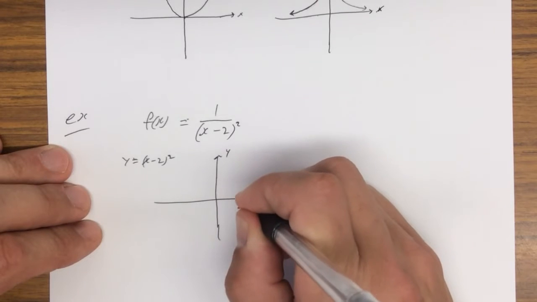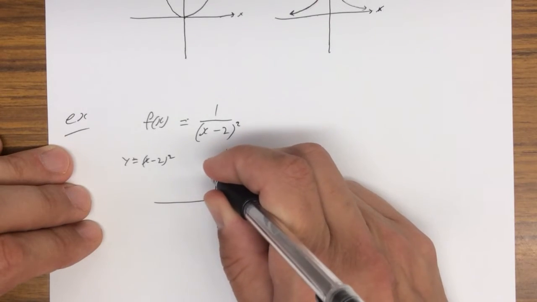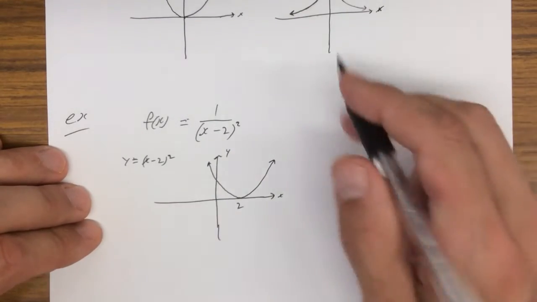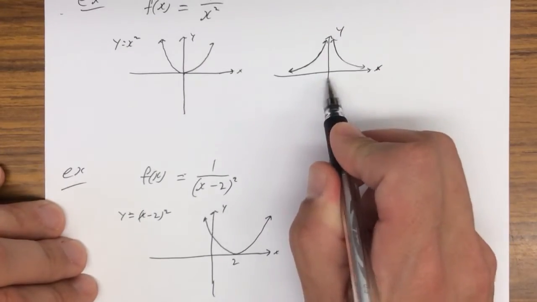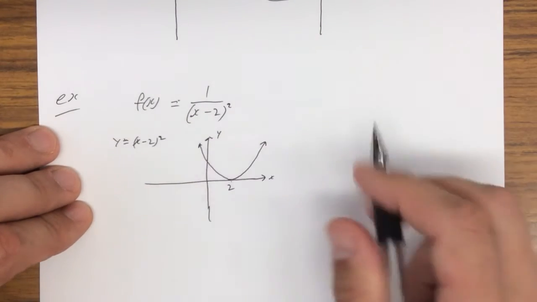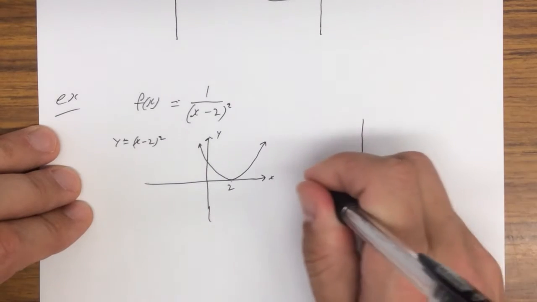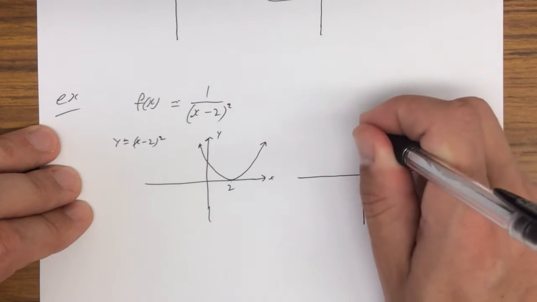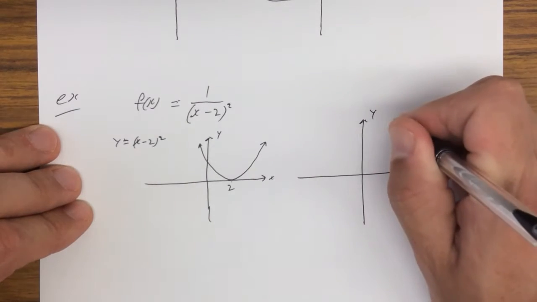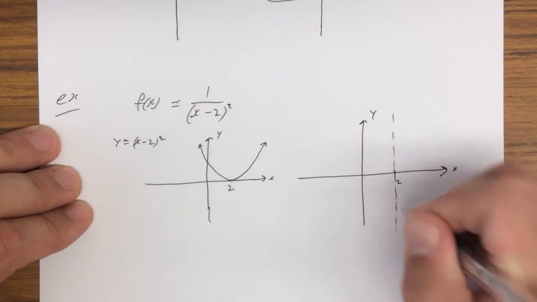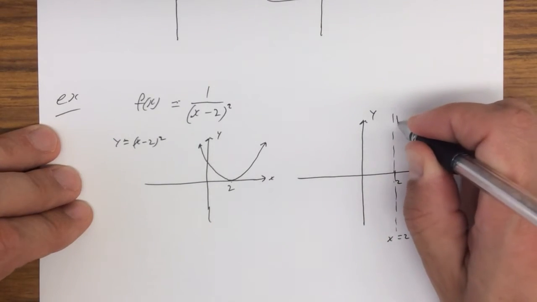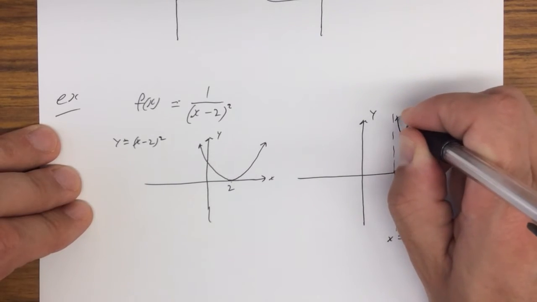So there's 2, and it's just a parabola shifted to the right. So 1 over that is going to be this same shape here, but shifted to the right. You're going to have a vertical asymptote at 2 because you can't divide by 0. X equals 2 is the equation of that asymptote. And then you'd have this effect here.